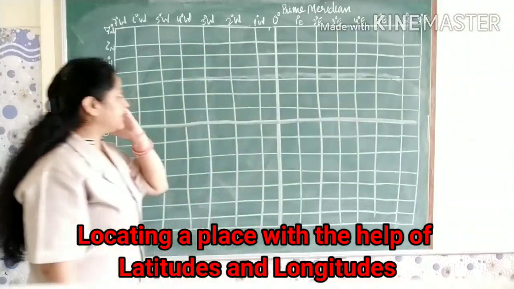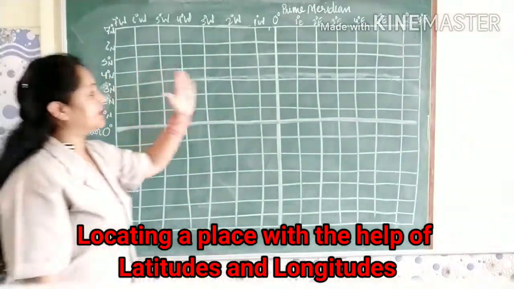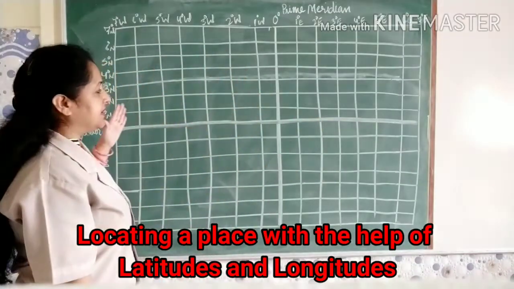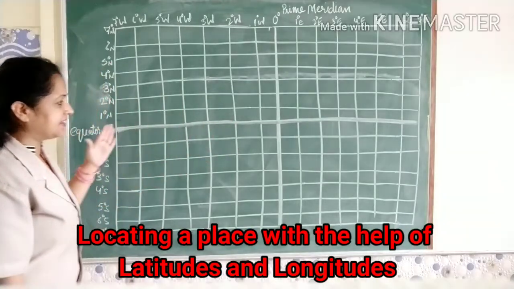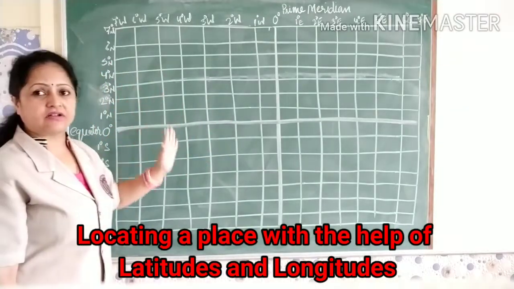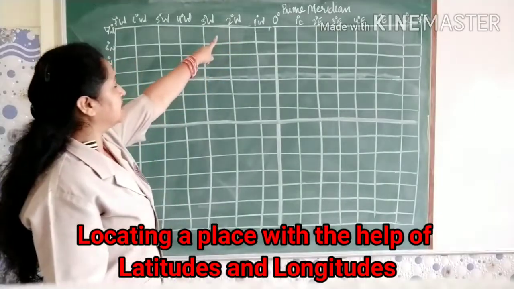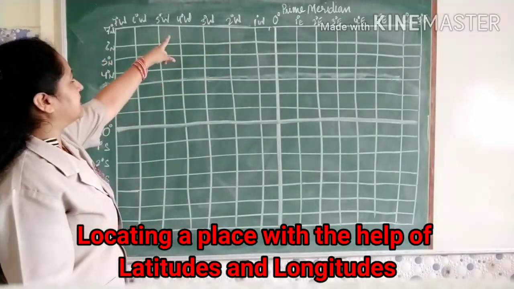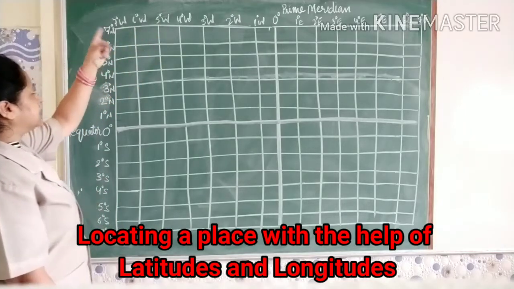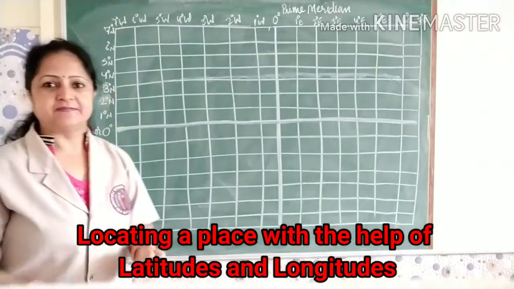On the west side of the prime meridian, again I have drawn 7 lines vertically. You can see 1 degree west, 2 degree west, 3 degree west, 4 degree west, 5 degree west, 6 degree west and 7 degree west.